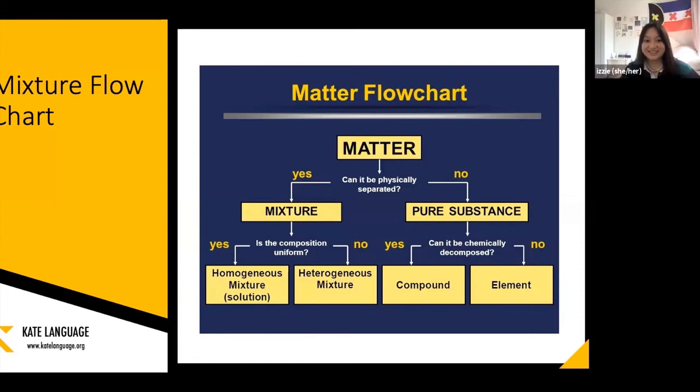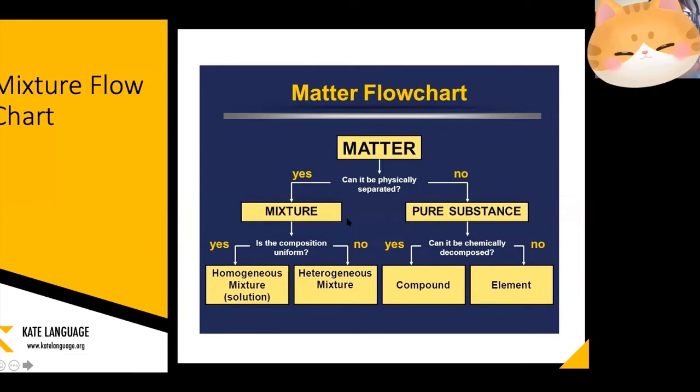I have a question. Yes, ma'am. So for the heterogeneous mixture, I think I've heard of mechanical mixtures before. Would that be classified as a heterogeneous mixture? That's a great question. How do you remember the word mechanical before?